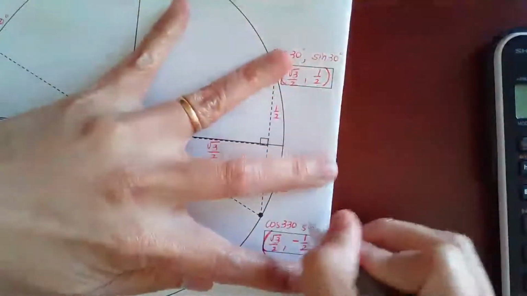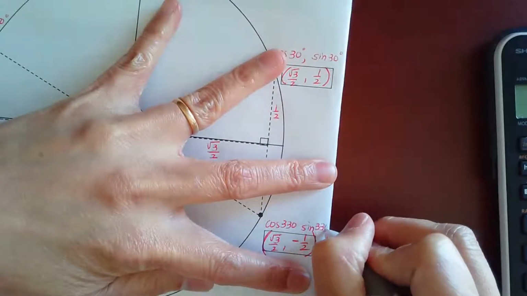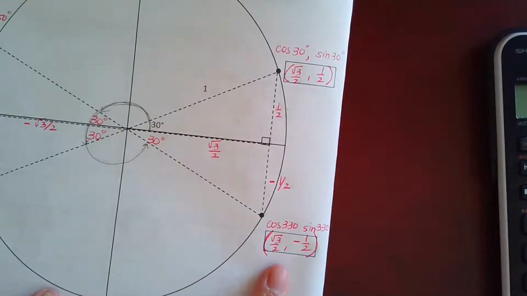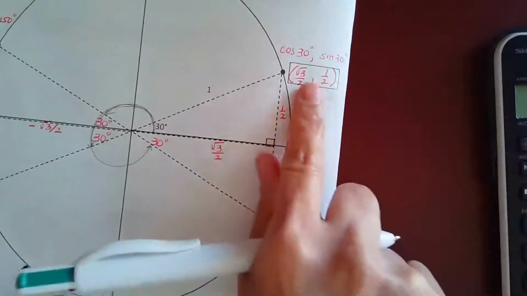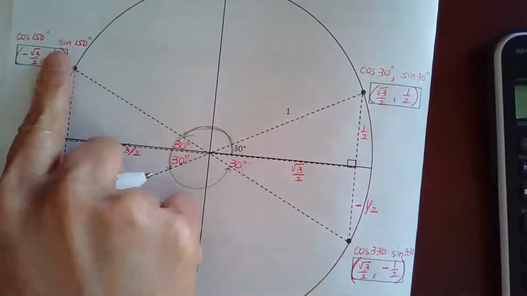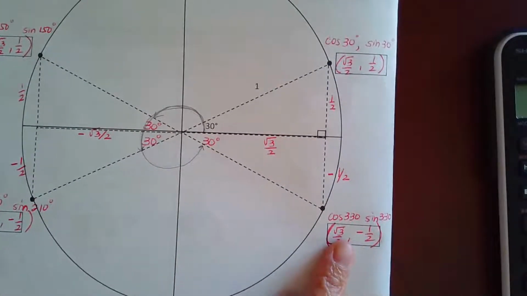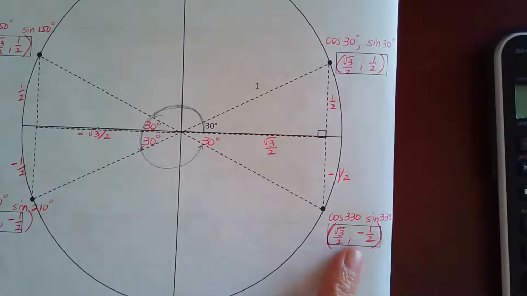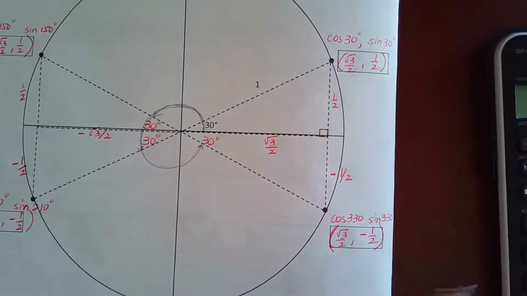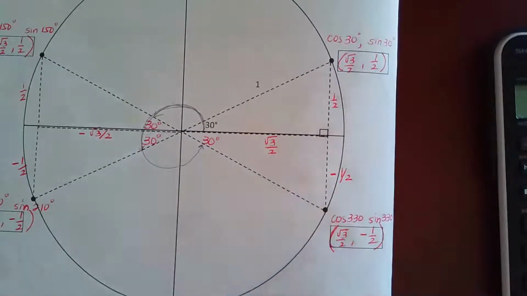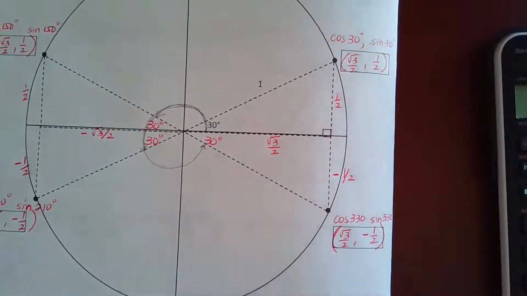It's 330 degrees. So these angles, 30 degrees, 150, 210, and 330, are all of the angles that have a reference angle of 30 degrees, and then we were able to find their x and y, cos and sine of those particular angles, and these are exact values.